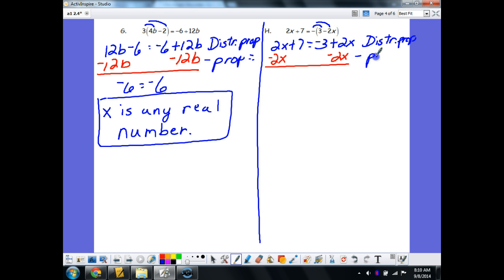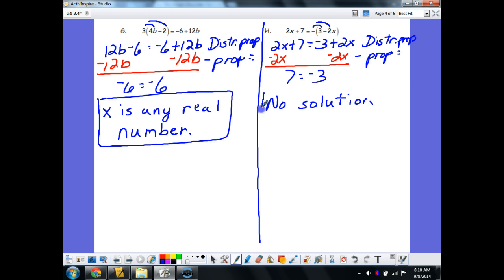Once we do that, x is canceled there, and the x is canceled there, so we have 7 equals negative 3. This is a special case. 7 is never equal to negative 3, so therefore this equation is never true. So therefore we have no solution.